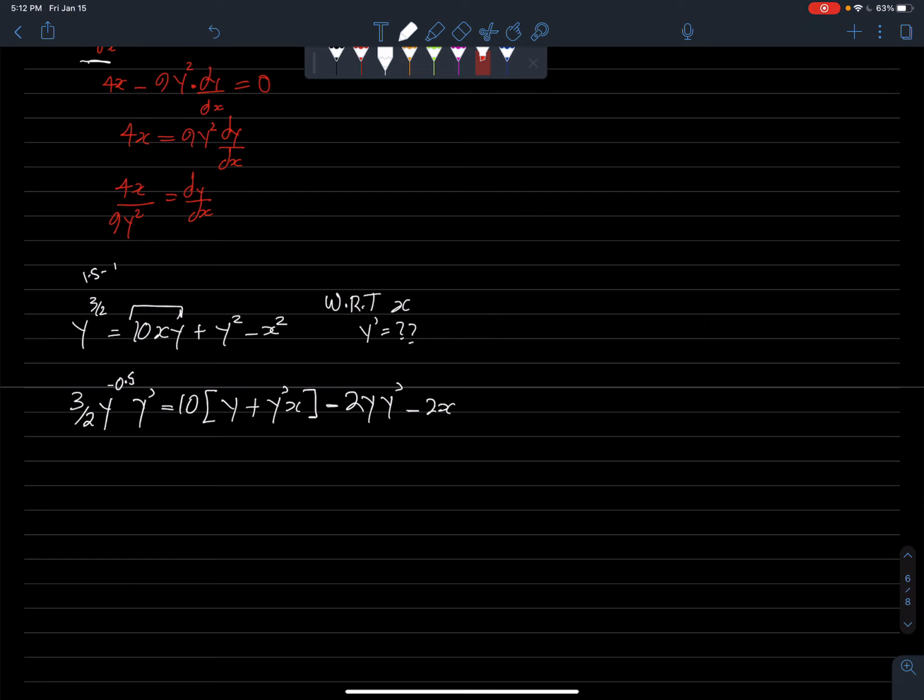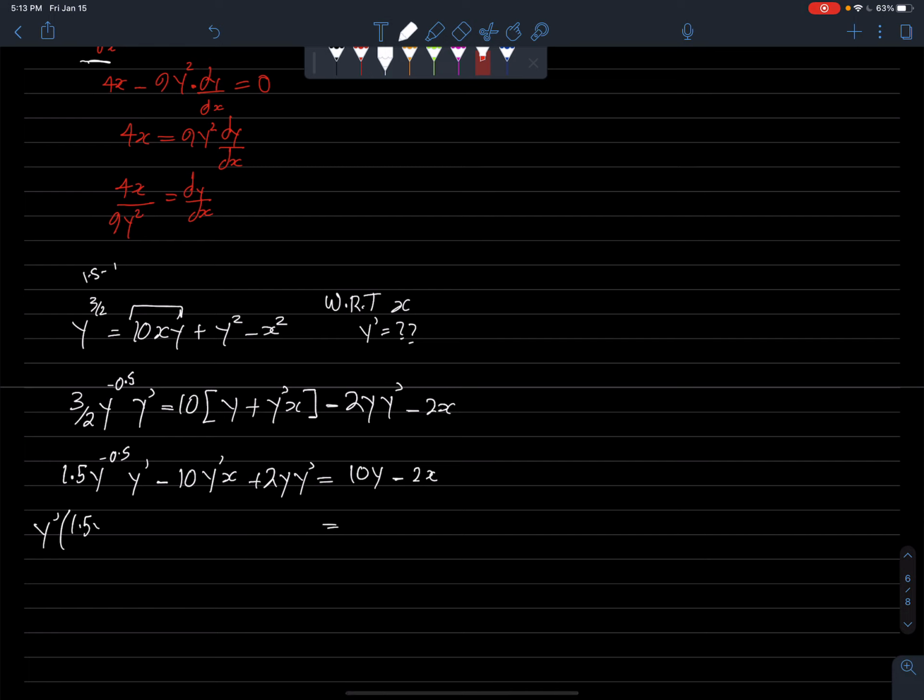Now you'd have to multiply, let's do it, why not, right? 1.5 y to the negative 0.5 times y prime minus 10 y prime x plus 2y y prime is equal to 10y minus 2x. We factor out a y prime.